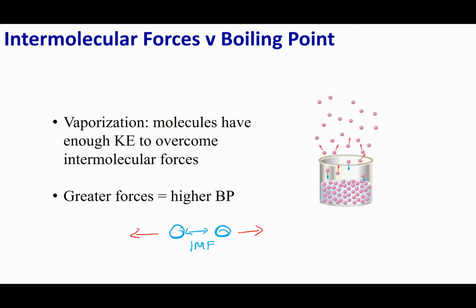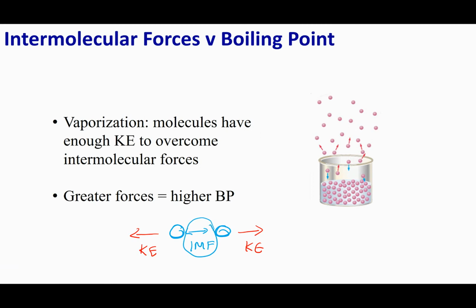Now, it doesn't necessarily mean that it's a repulsive force. What I'm trying to say is the kinetic energy is going to make these molecules vibrate and move, and they just want to fly off in any old direction. So what you have are two competing forces. You have the kinetic energy that is trying to take these molecules apart from each other, and then you have the IMFs trying to bring them together.